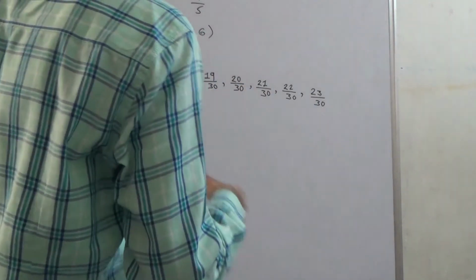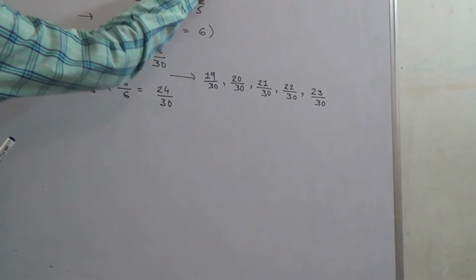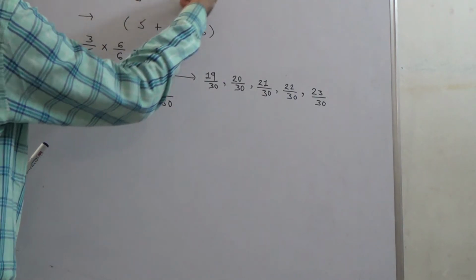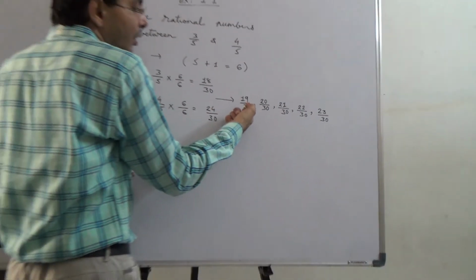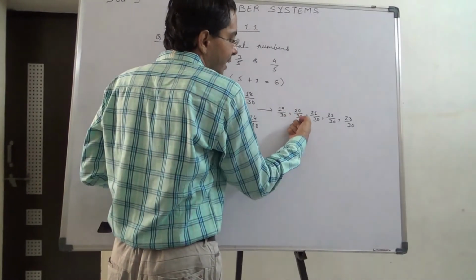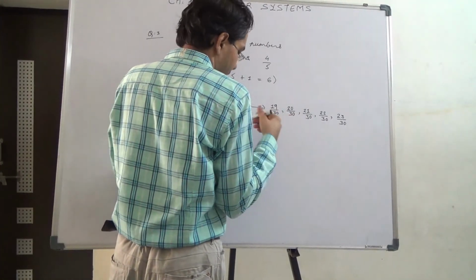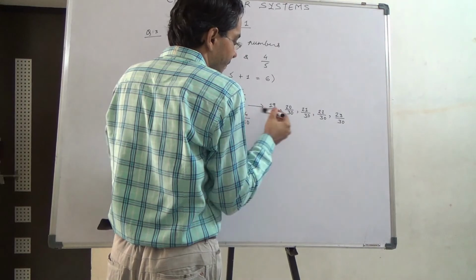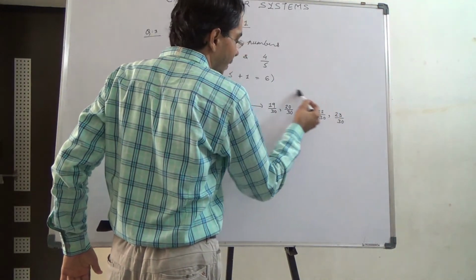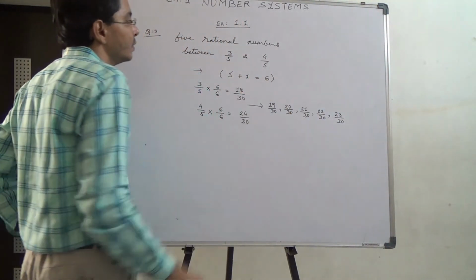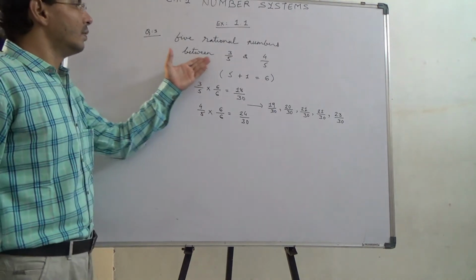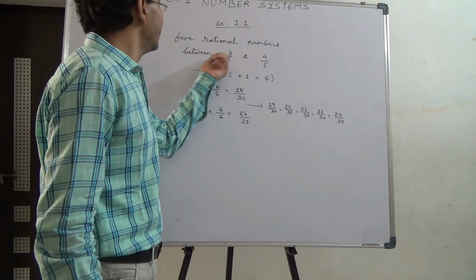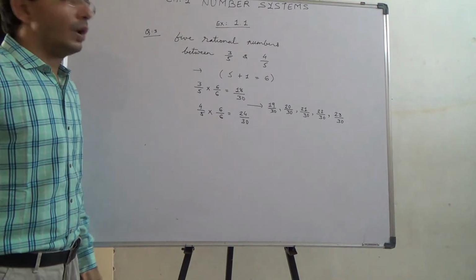Just 5 rational numbers between 3/5 and 4/5. So you see here 5 rational numbers, all 5 numbers between both these two numbers. So very easy, you use this method.